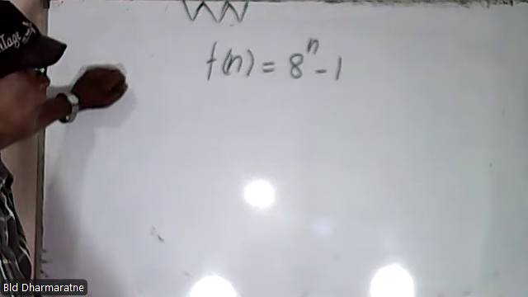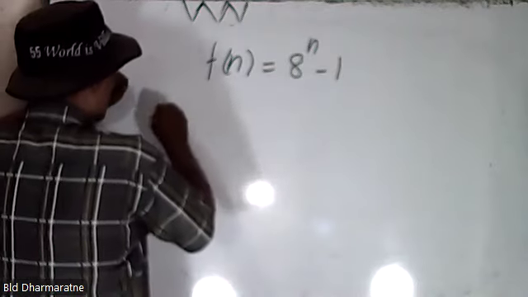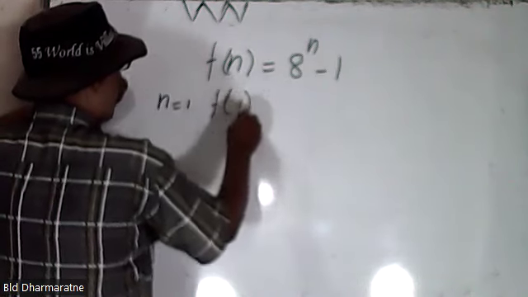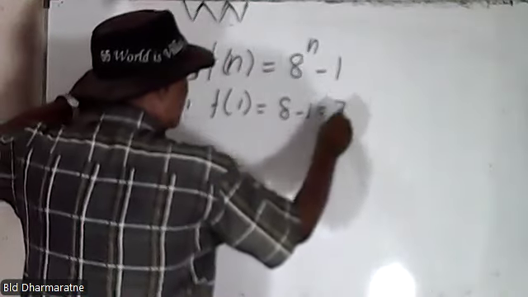How to prove that? First, F1, n equals 1: F1 is 8 minus 1, which is 7, divisible.